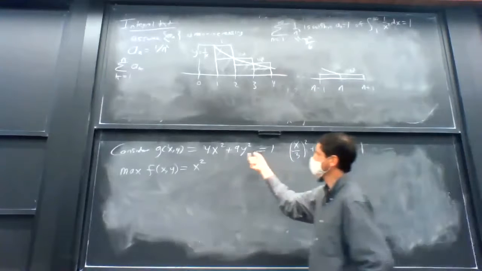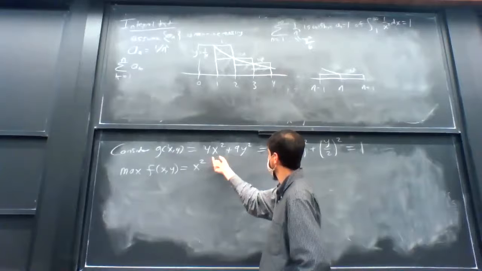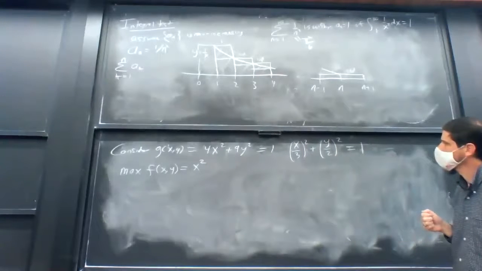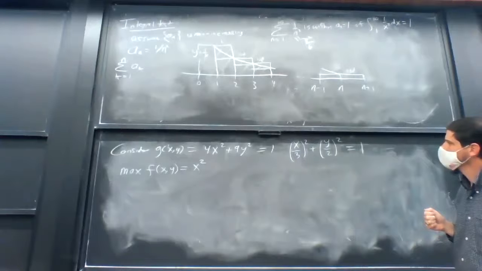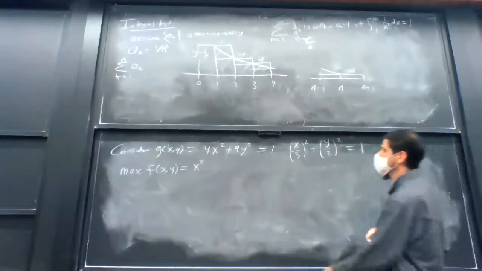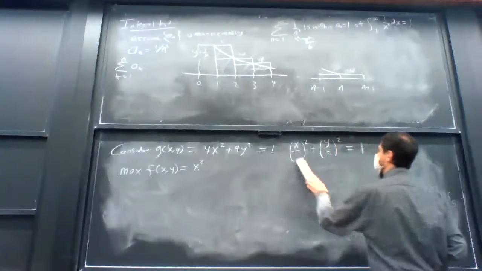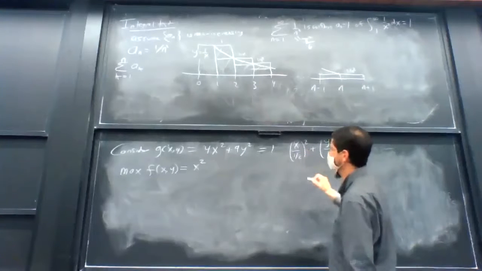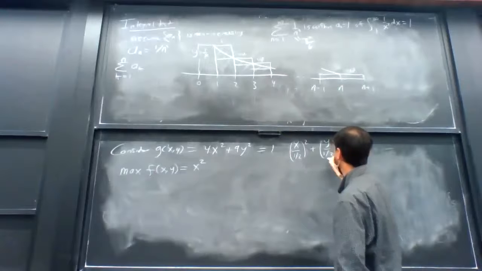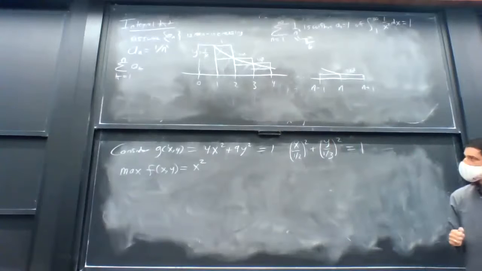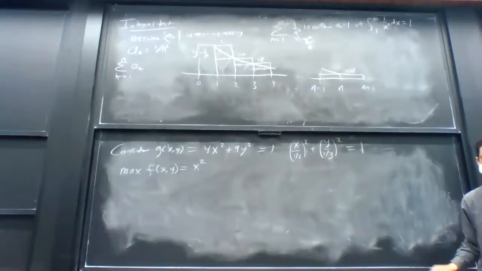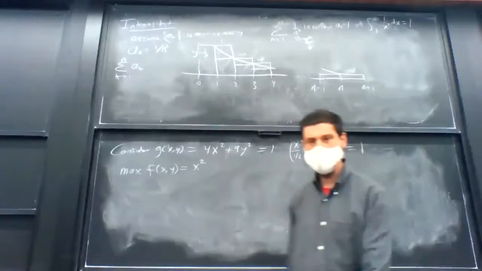I divide both sides by 36. Oh, no, I've got it equals to 1, never mind. I've already set up for the one side. I can write this as x over 1/2 and y over 1/3. So I can write 4 as 1 over 1/4, and just make it clear that this is an ellipse.